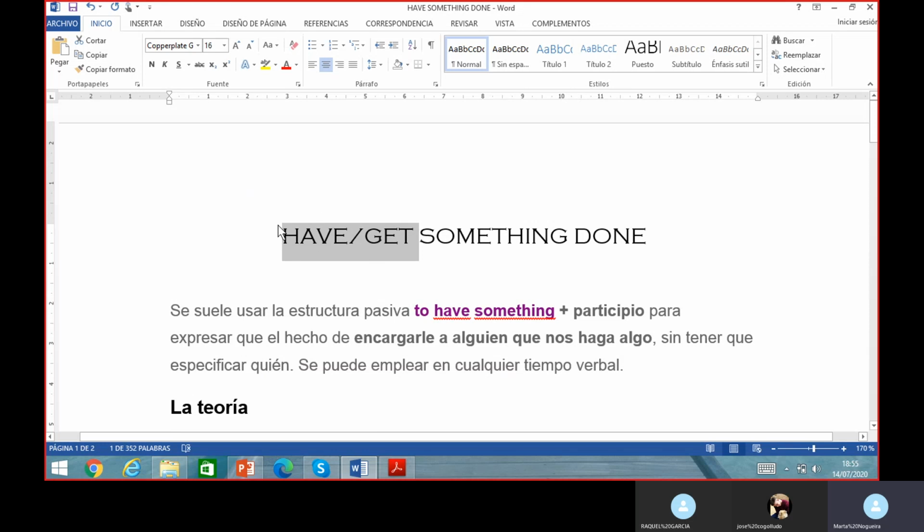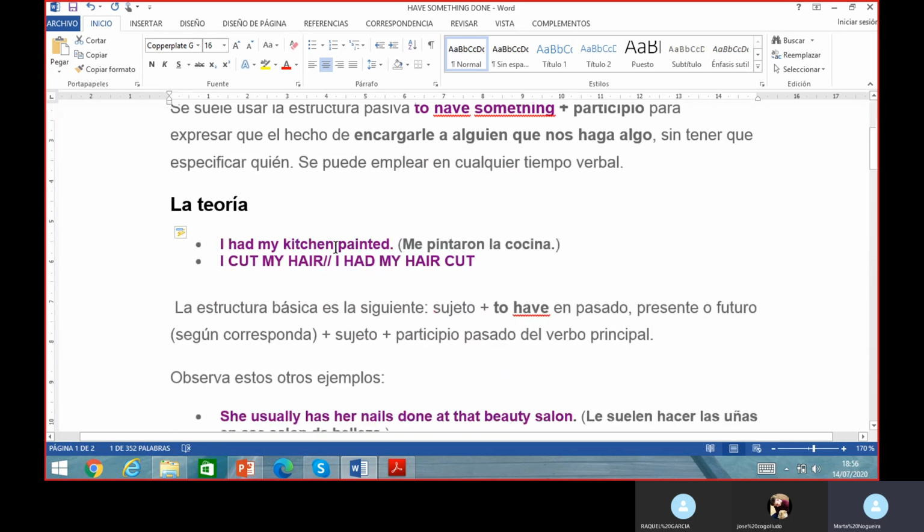Normally, you are going to encounter this structure with the verb to have, and you can conjugate this verb. I will have my kitchen painted. I have had my kitchen painted. I will be having my kitchen painted, in the tense that you want. Future, continuous, future perfect, past perfect.